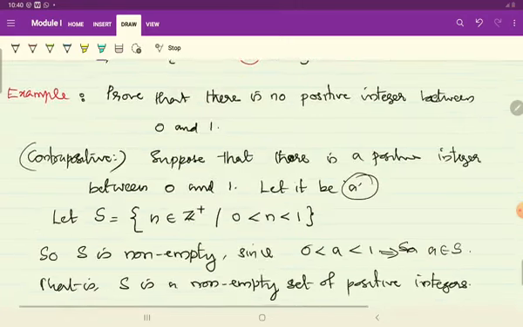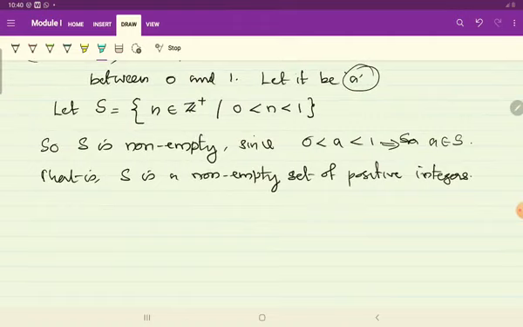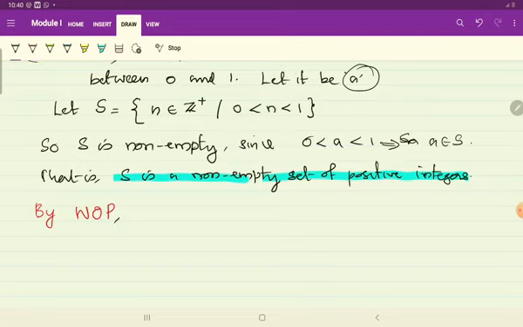Now we have obtained that S is a non-empty set of positive integers. Therefore, by the well ordering principle, I'm simply writing WOP, don't write like this, this is just for easiness. So by the well ordering principle, S has a least element.